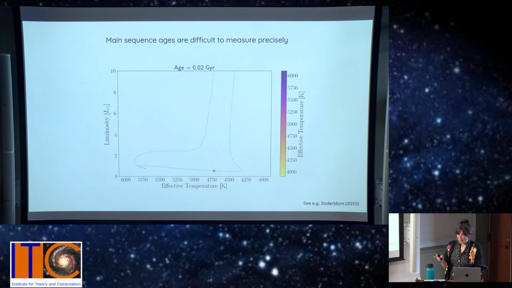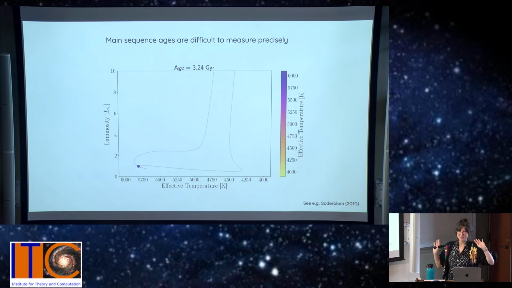And this is a cartoon picture of why that is, which is probably very familiar to many of you. This is a stellar evolution track on the Hertzsprung-Russell diagram for the sun. And it's just illustrating why it's difficult to date stars when they're on the main sequence. When they're on the main sequence, they don't change very much over time.